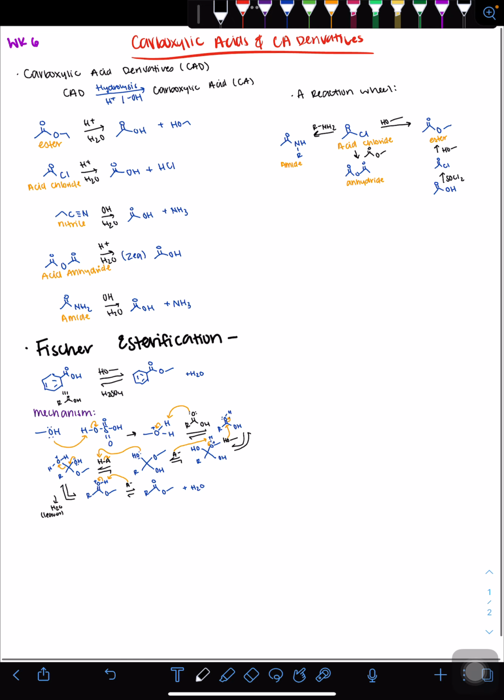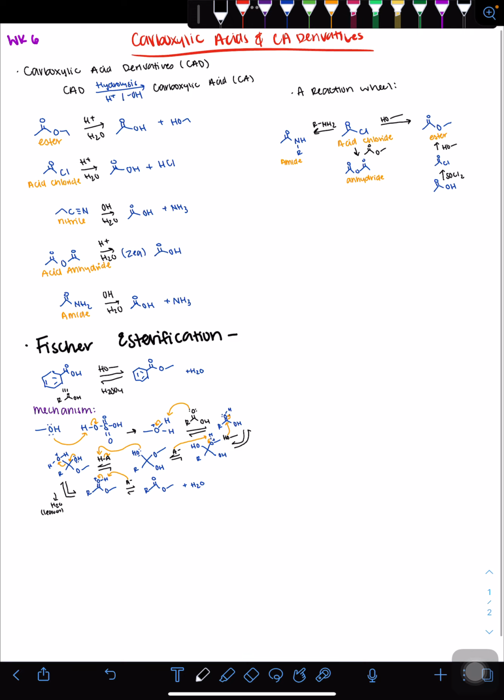And then we're also going to look at another reaction of a carboxylic acid. This is another reaction. So let's say we started with something that looked like this. It's not really pretty.